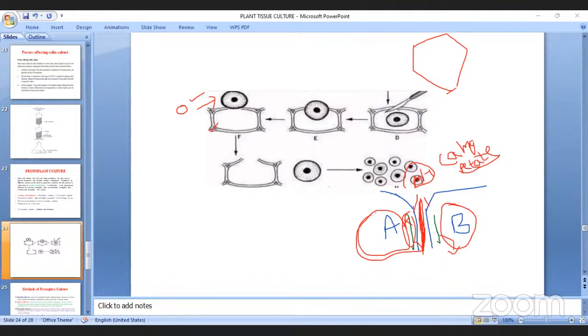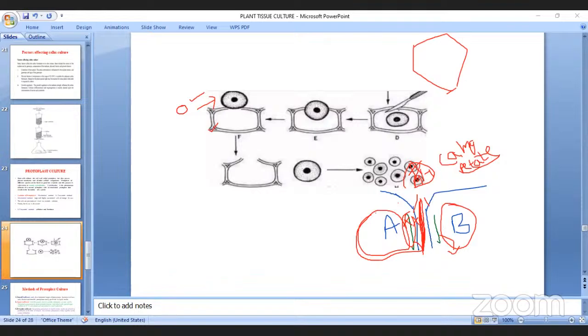If you want to separate these protoplasts, what will you do? Simple. First, we will remove the middle lamella and also dissolve the primary wall.